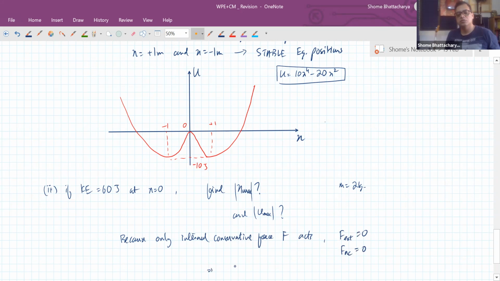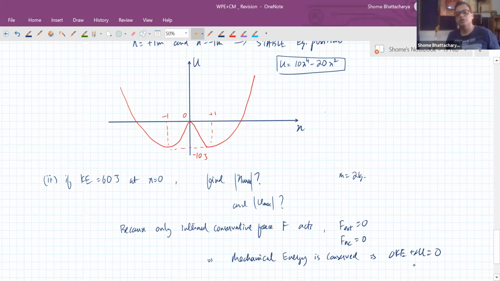So mechanical energy is conserved. We will use that aspect. So change in kinetic energy plus change in potential energy is zero. Or you can say that the sum of kinetic energy plus potential energy is constant.